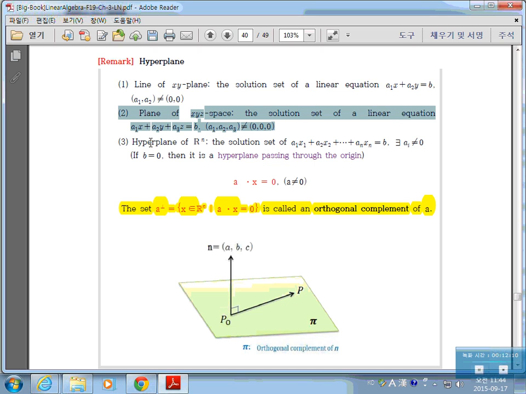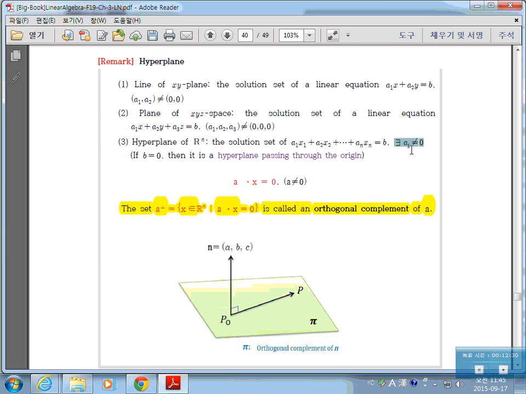What is a hyperplane then? The solution set of this equation, where not all the ai's are 0. This means there exists i such that ai is not equal to 0.